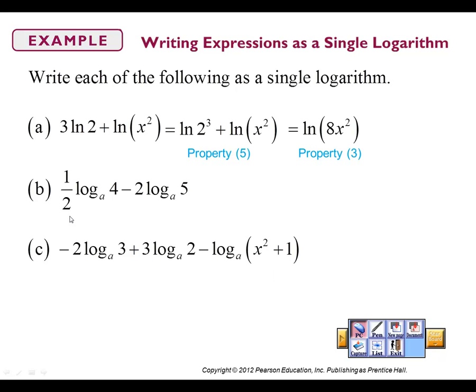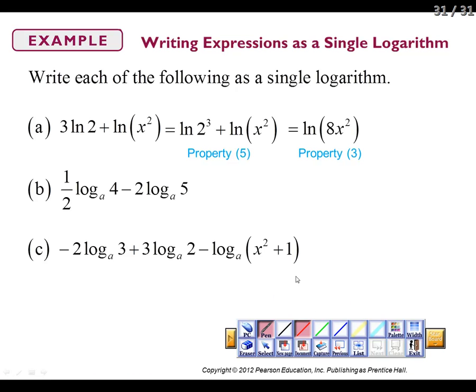Alright, the next one. First thing we do is we always move the exponents up front. In this case, this is going to become log 4 to the 1/2 power minus log, and then the 2 moves up front, base A, and this becomes 5 squared.